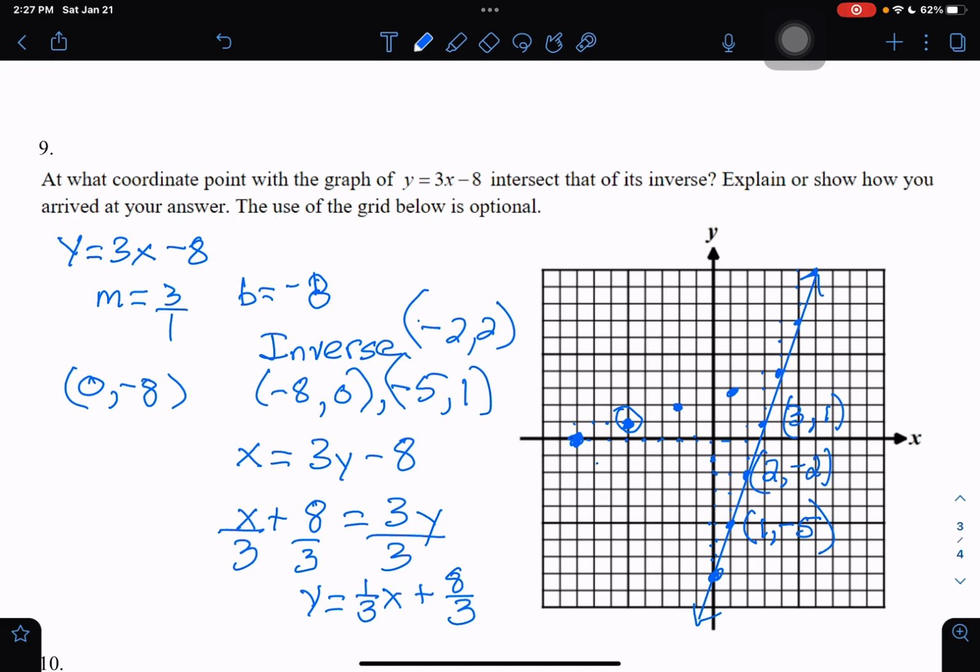Okay, the next point is (1, 2, 3, 4), comma 4, which the inverse would be (4, 4). And that's what we're looking for, that intersecting point. So we know that it's going to go right through this point here.